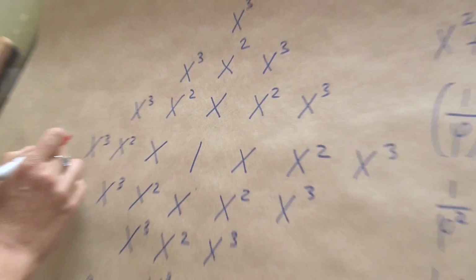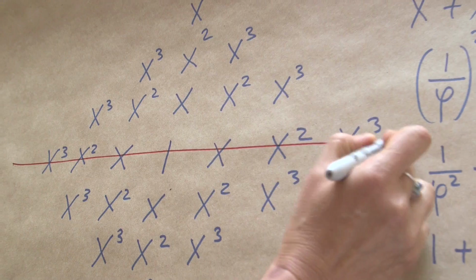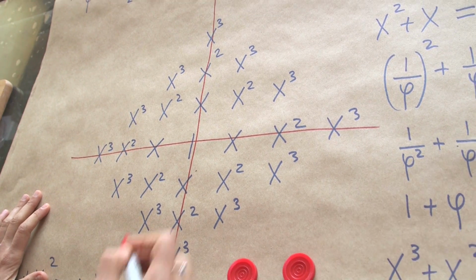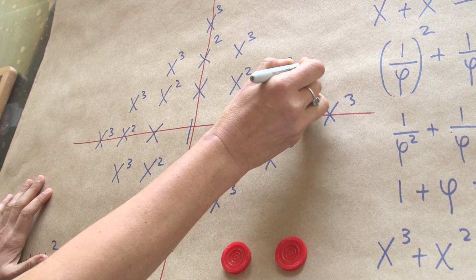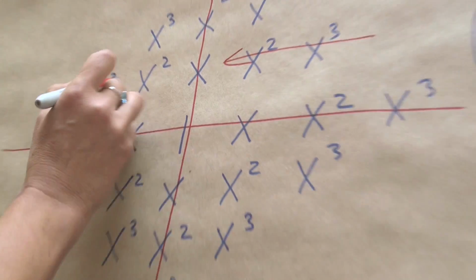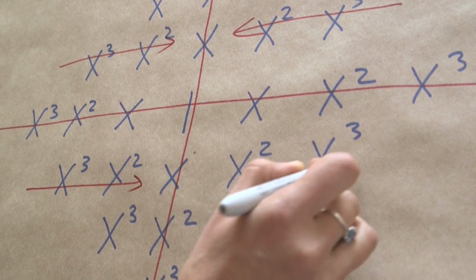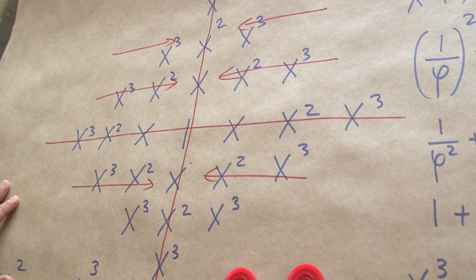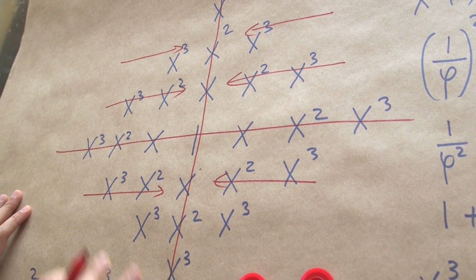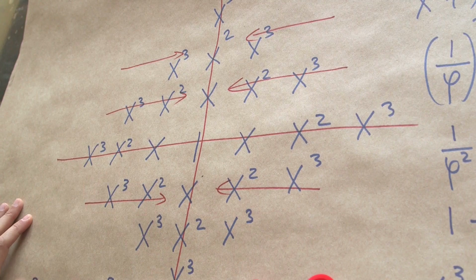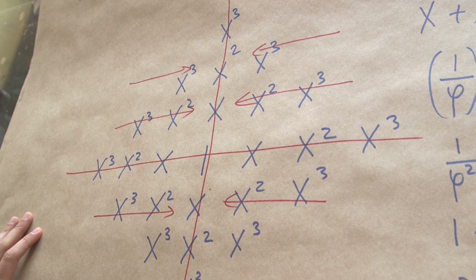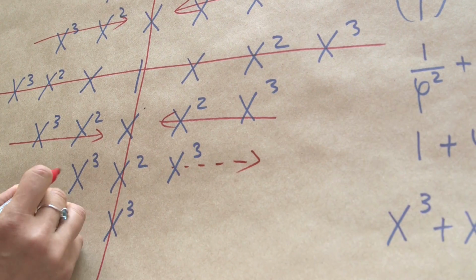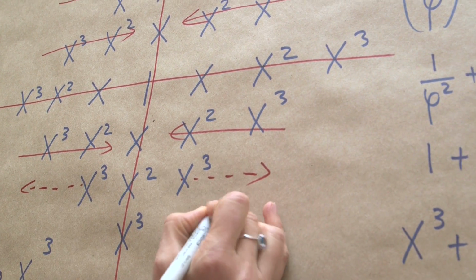Let's draw 1's row here and 1's column. If you move towards 1's column like this, no matter where on this grid you are, your feature, your sum, will be preserved. It won't change. However, if you move away, it will decrease.